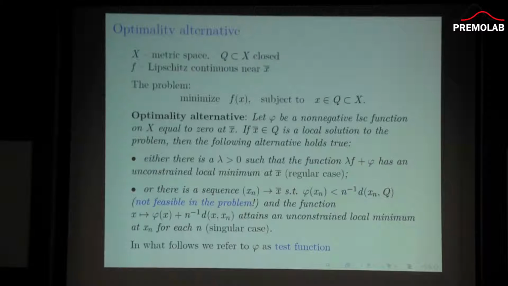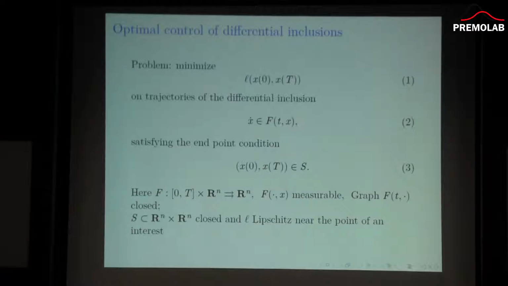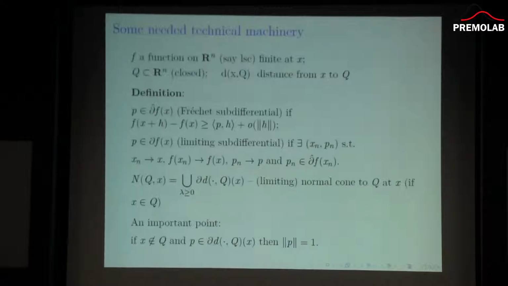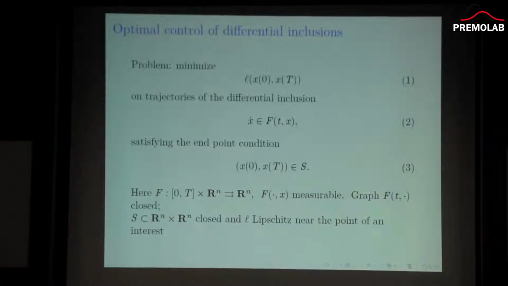So I wish to show how it works for this optimal control problem. So this is the problem. In optimal control theory, it is now a pretty popular formulation. It does not include an explicit control parameter.